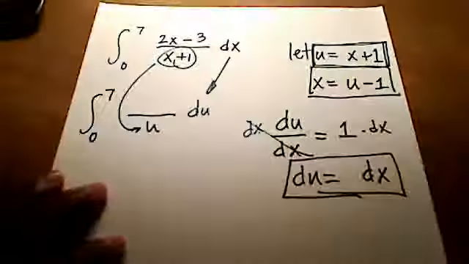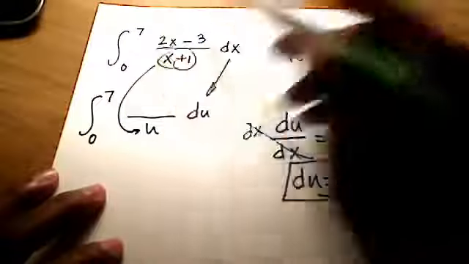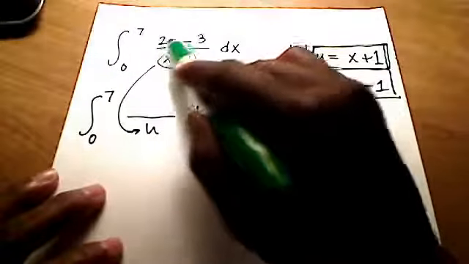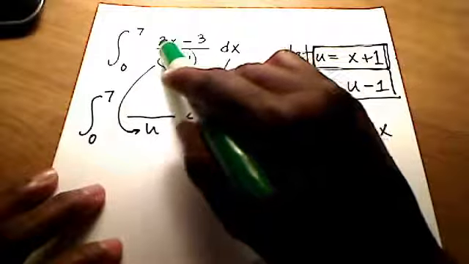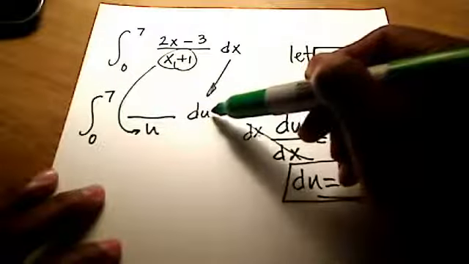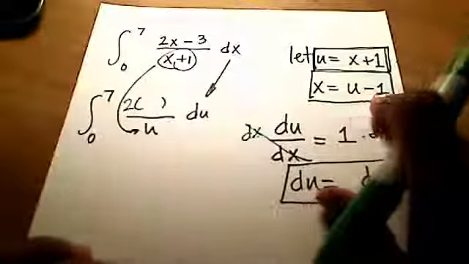And my numerator, 2x minus 3, if I wrote it as 2x minus 3, I'd be left with a numerator that's in terms of x, and I don't want that. I want everything in terms of u. So I'm going to replace this x with u minus 1.